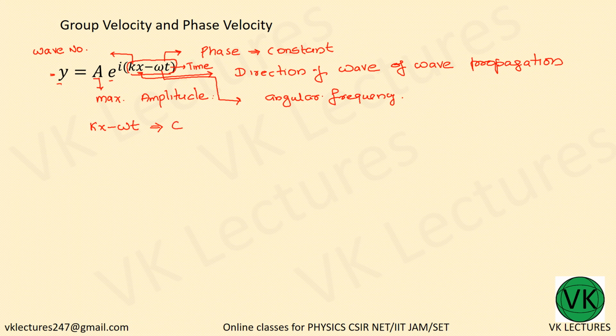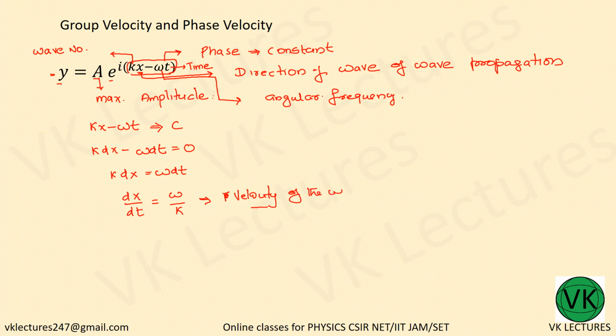Just taking the derivative, we get k dx minus omega dt equal to 0, and k dx is equal to omega dt, and dx by dt is nothing but omega by k, and this is nothing but velocity. Now what type of velocity is this? This is the velocity of the wave.